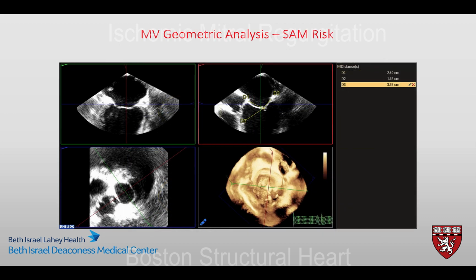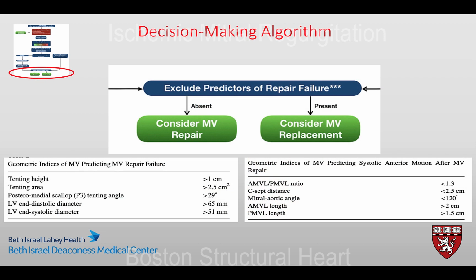We also routinely measure for predictors of SAM after mitral valve repair. And again, we do this using multiplanar reconstruction, where we measure the AL to PL ratio, the C-sep distance, and the mitral aortic angle. So putting all this together for our patient that we are describing, we can see that while this patient has evidence of remodeling, there are no geometric indices indicating that he is at risk of repair failure.